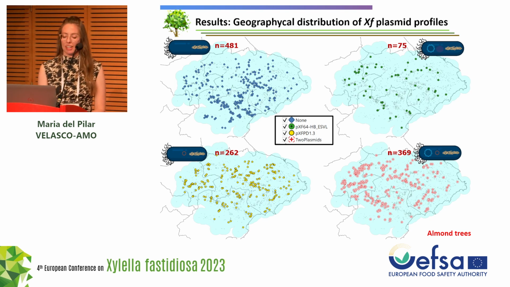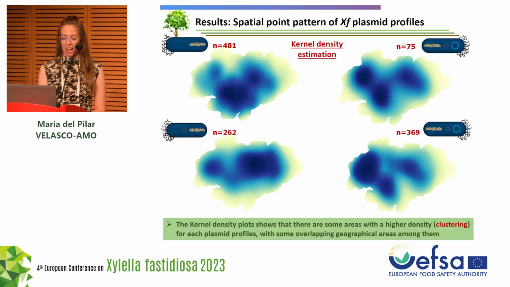And to study the association between the geographical distribution of the genotypes, we did different analyses, such as the density plot that shows that there are some areas with a higher density for each plasmid profile, with some overlapping geographical areas among them. For instance, the genotype with no plasmid is more abundant in the south and east part of the demarcated area.